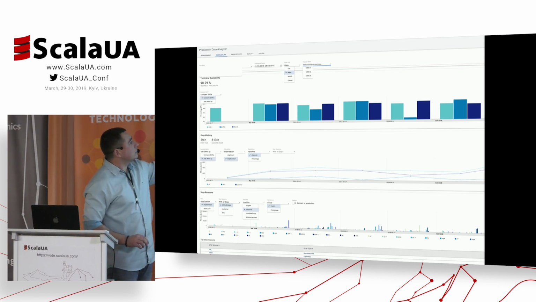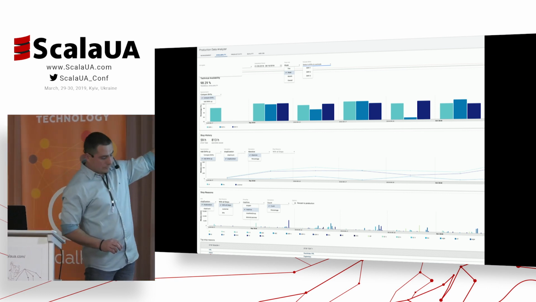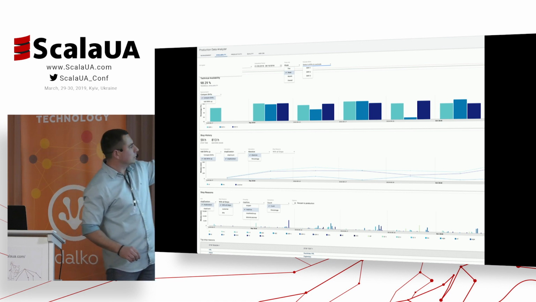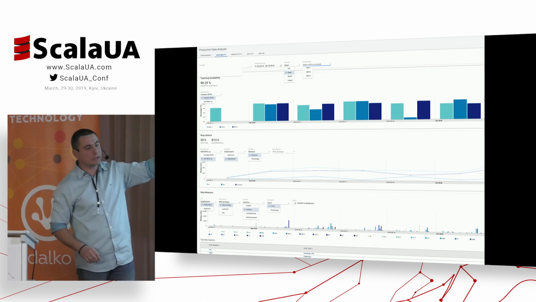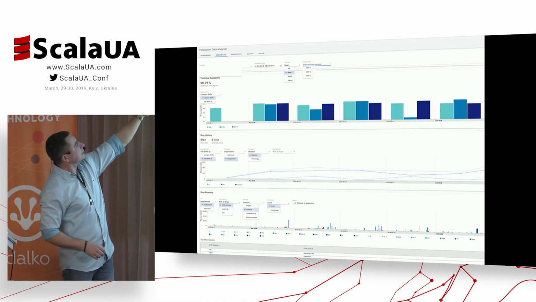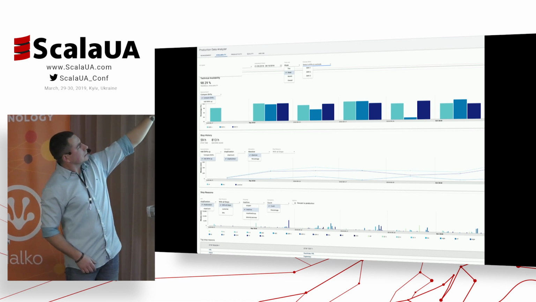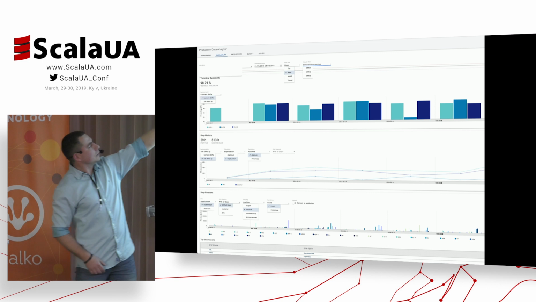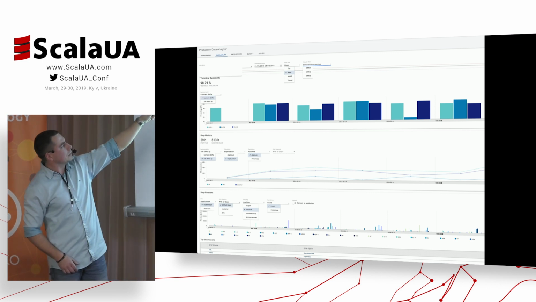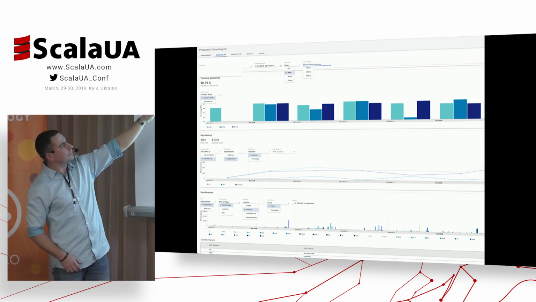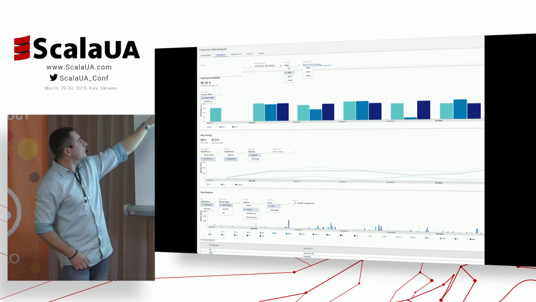Here I tried to make a screenshot with different possibilities to select what should be measured in relation to what. So basically, at the top we have a time, and then you have the possibility to group this according to different time intervals and apply different filters.